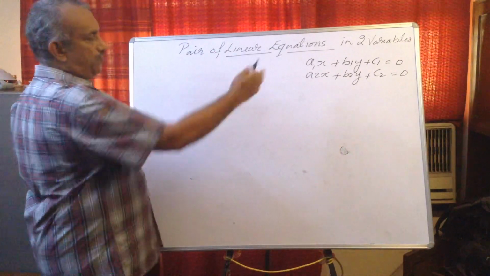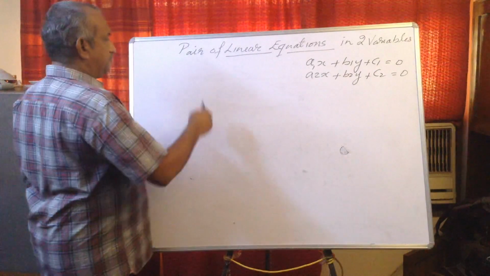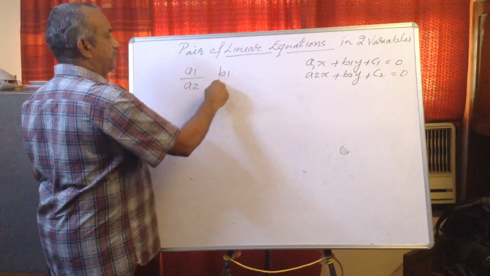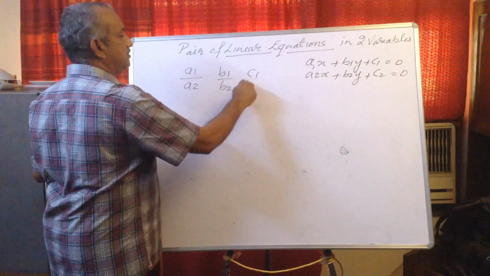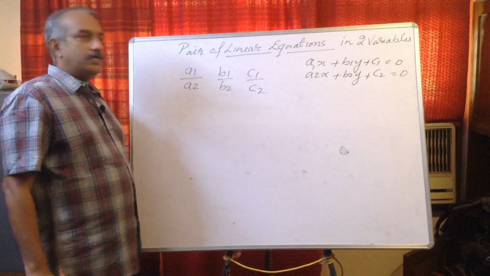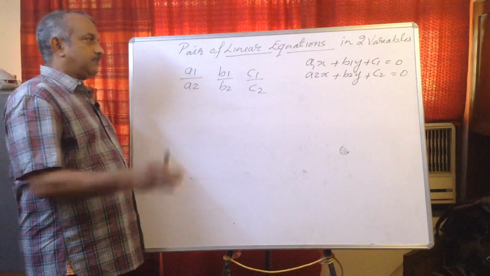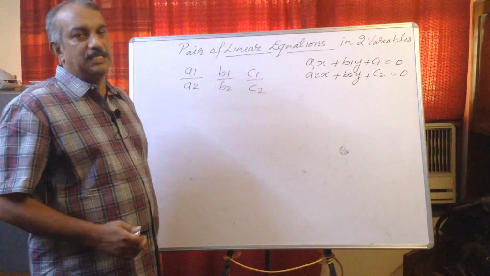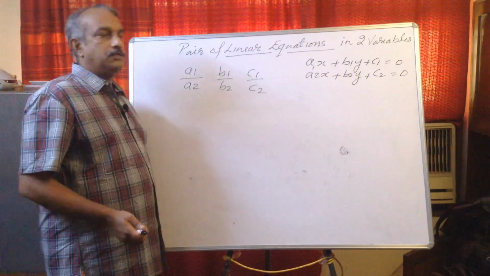Now the first step is you have to find out a1 upon a2, b1 upon b2, c1 upon c2. You will compare, and depending on the comparison, whether they are equal or not equal, we can say the graph is intersecting, parallel or coincident.